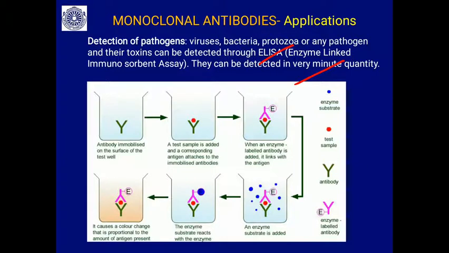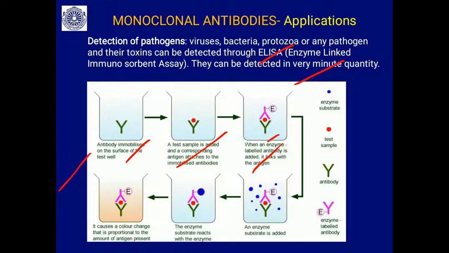You will find this is the basic mechanism of ELISA. These are immobilized antibodies present in the well, and when we add the sample, for example a blood sample or urine sample or any sample we are detecting, the antigen will bind with the antibody.